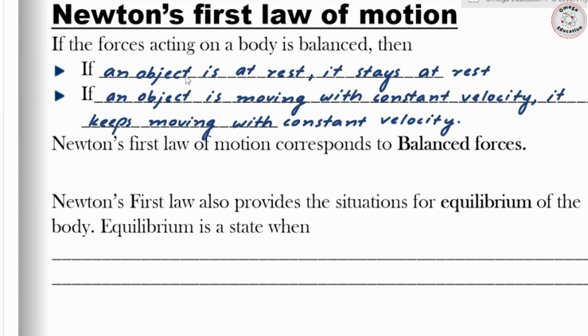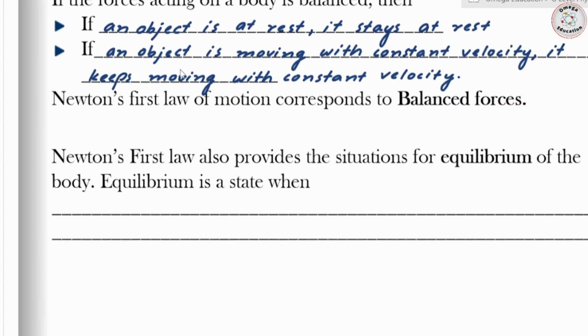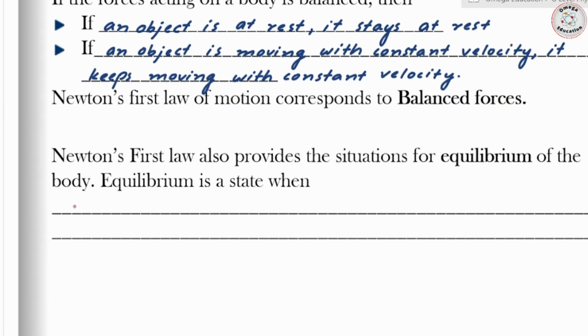Newton's first law of motion also provides the situation for equilibrium of a body. And equilibrium is a state when two conditions are to be fulfilled. Number one, no net force on the body or on the object.